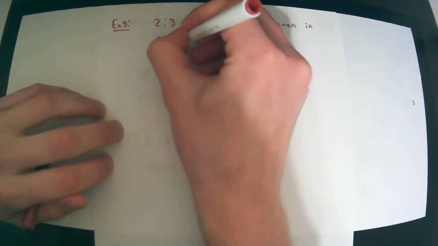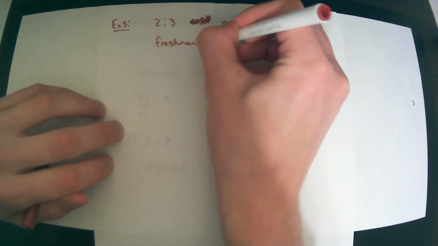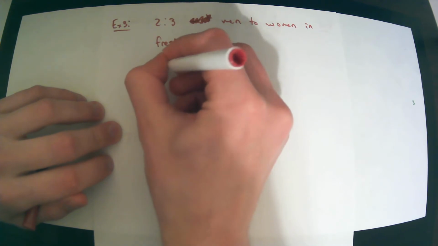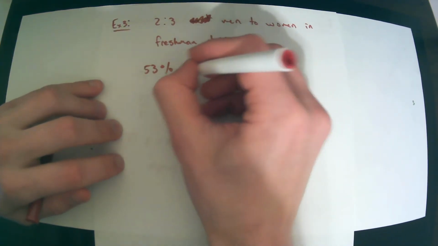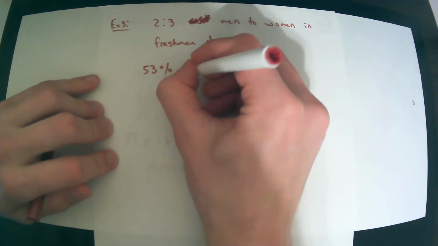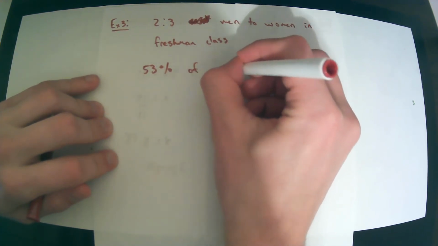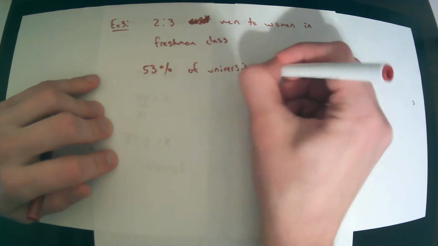So let me get that down. So we have a few conflicting things going on here, things that are going to make this problem harder to solve. 53% of the university-wide population.